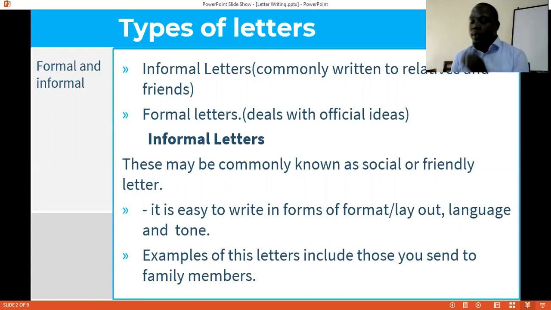When we talk about tone, we talk about the quality of voice. Your tone will not be serious since you're talking to someone you know. Examples of these letters include those you send to family members. Either you're requesting or you're apologizing, but as long as you're writing to a family member, you realize that you write a friendly letter.